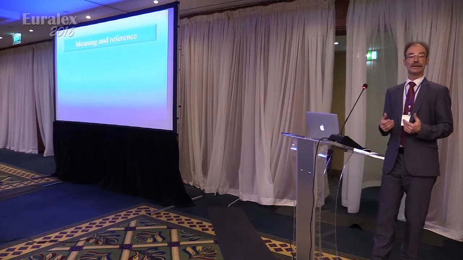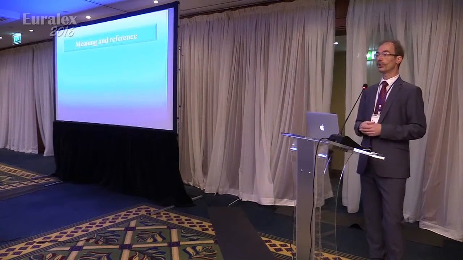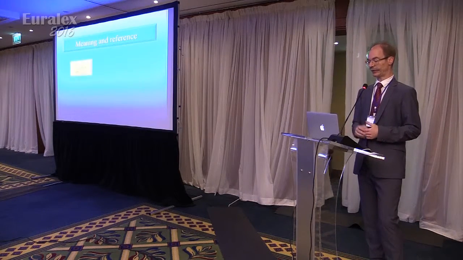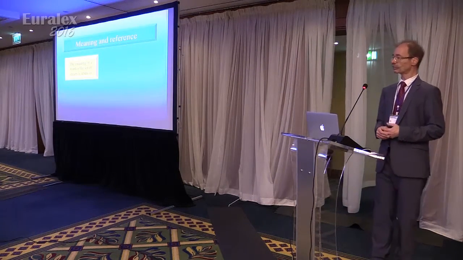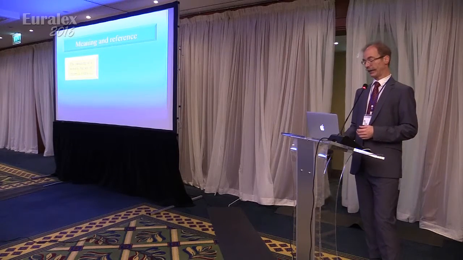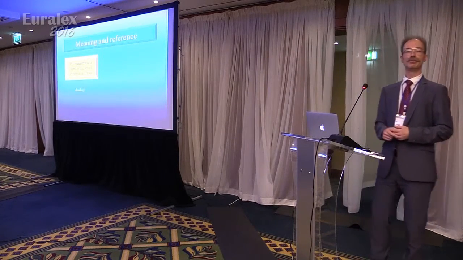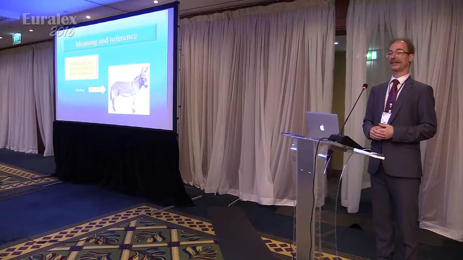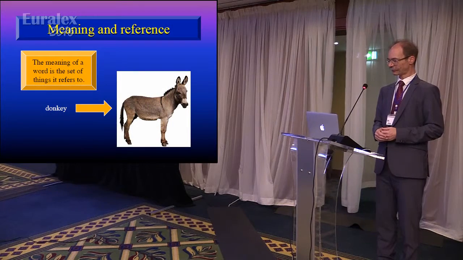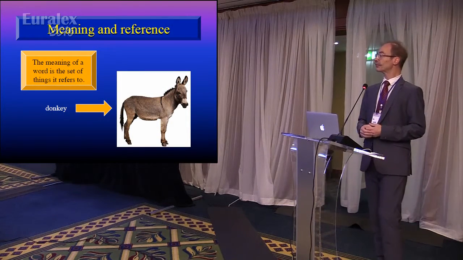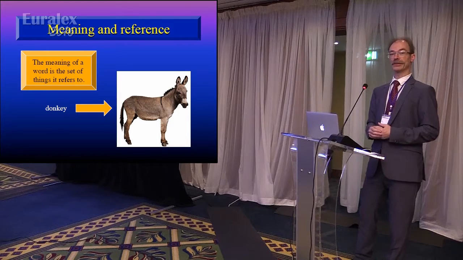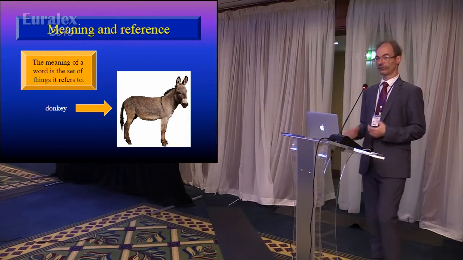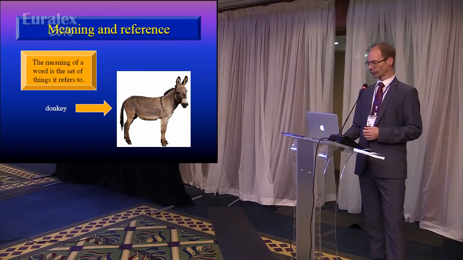First, the idea that word meaning is what the word refers to in the outside world. So, if we have a word like, say, donkey, the meaning of donkey is things like this. This works quite well for words like donkey, but there are many words that are rather different.